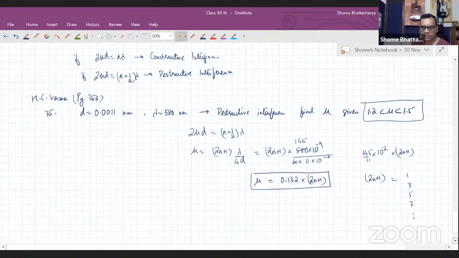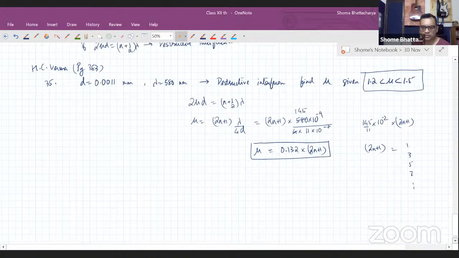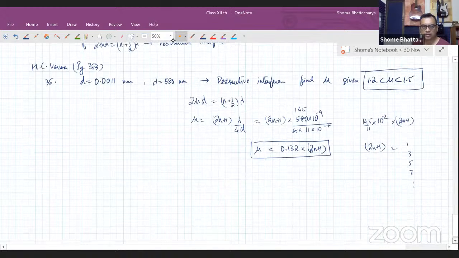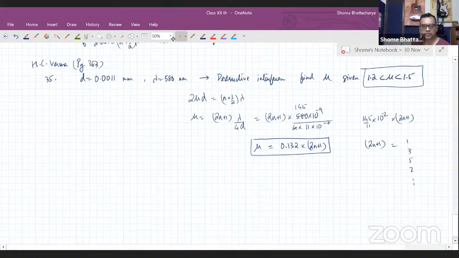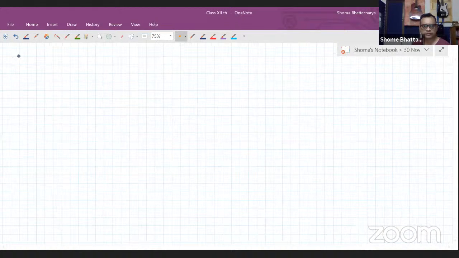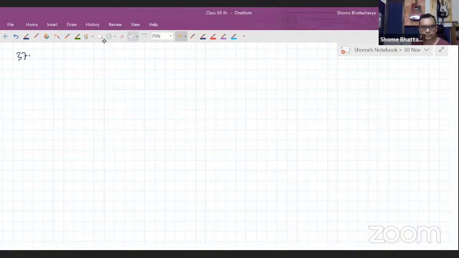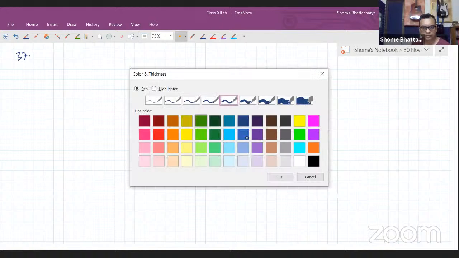Okay, now similarly, let's look at the 37th question. So it says a parallel beam of white light is incident normally on an oil film which is of given thickness.